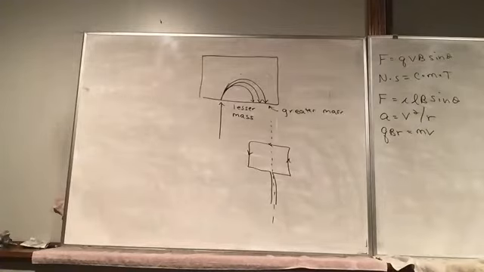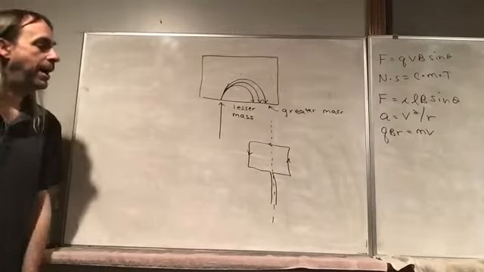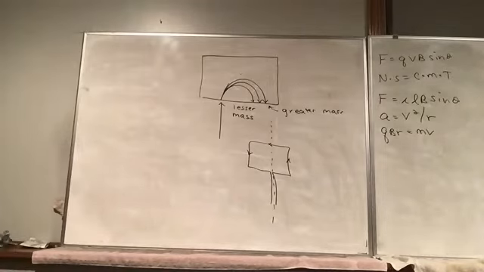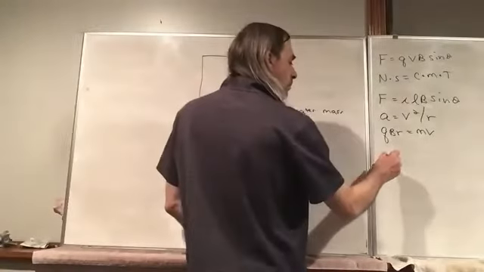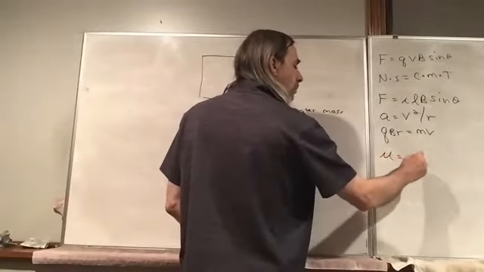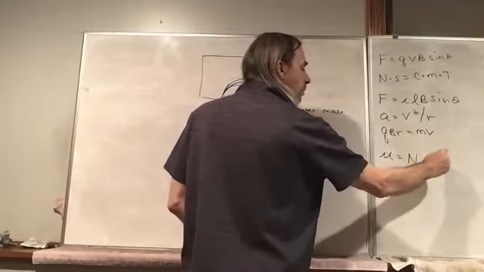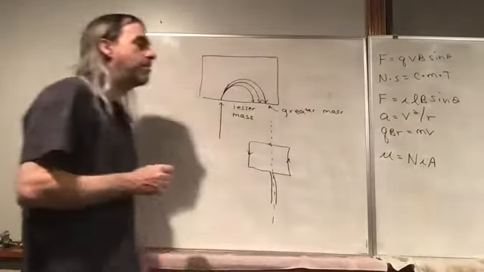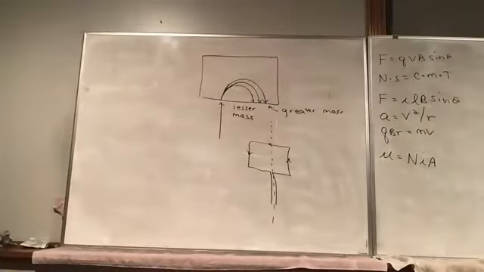And we can express the torque in a couple pieces. First, we define the magnetic moment, where the magnetic moment is NIA. So N is the number of loops.